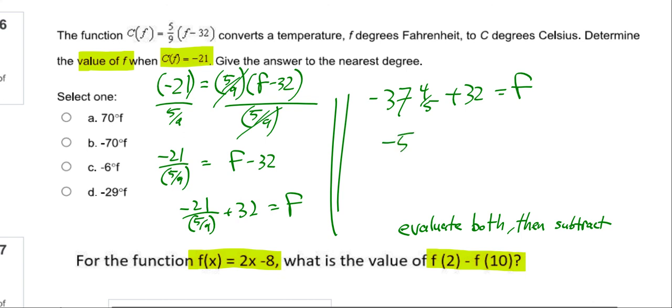So we're at negative 5 and 4/5. That's my temperature in Fahrenheit. So 5 and 4/5 as a decimal, that's negative 5.8. I find that a lot of people do better with rounding of decimals than fractions. So negative 5.8 Fahrenheit. To the nearest degree, the closest value here is negative 6.